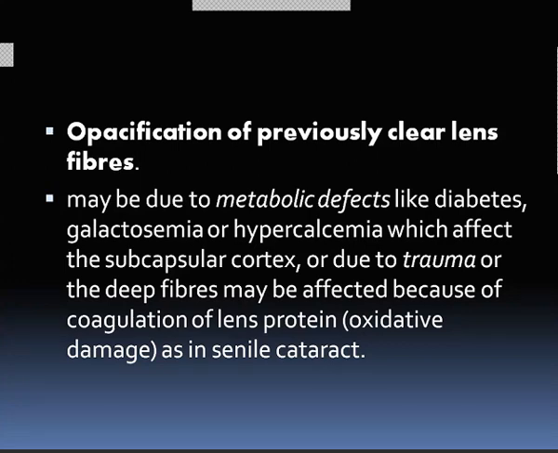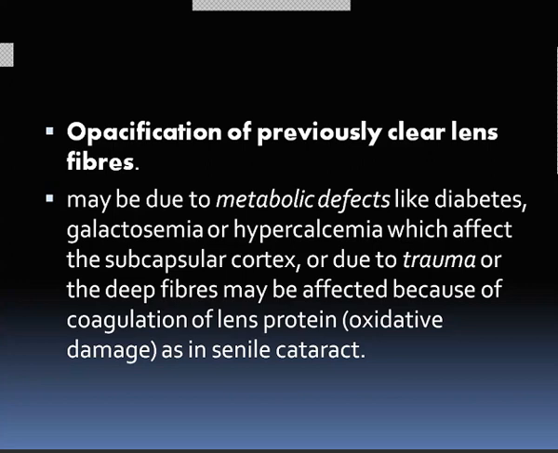Previously the lens is clear, and also in cases of trauma, before trauma the lens fibers are normal, but after trauma what will happen? The fibers may be affected because of coagulation of the protein.